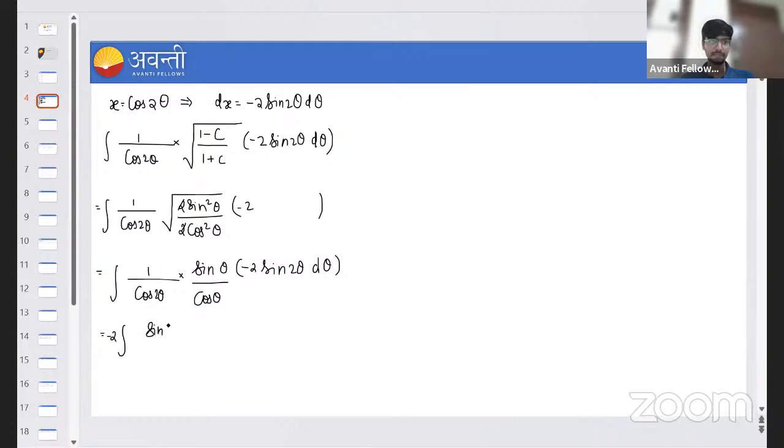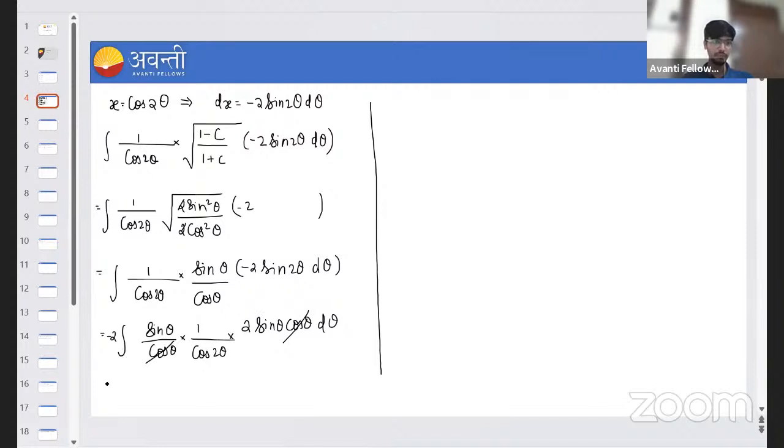Sin theta upon cos theta into 1 upon cos 2 theta, and sin 2 theta as 2 sin theta cos theta d theta. Here cos theta will get cancelled and I'll get minus 4 integration of sin squared theta upon cos 2 theta d theta.